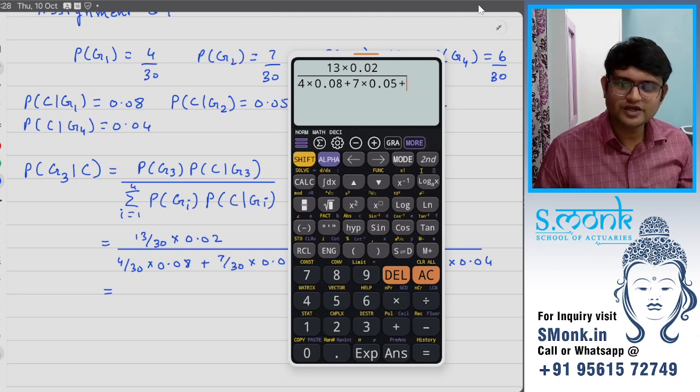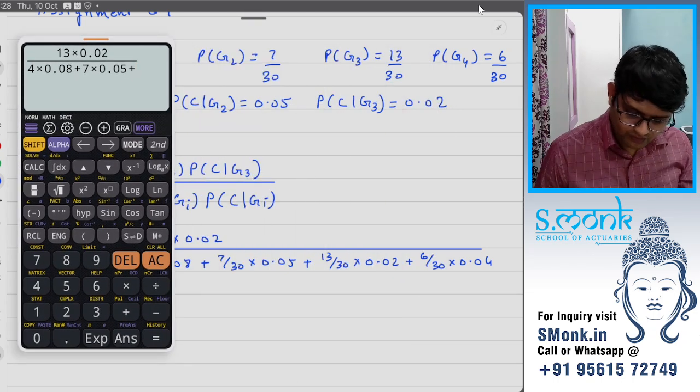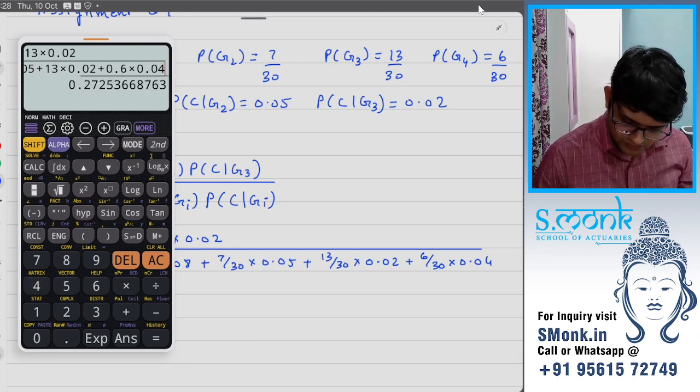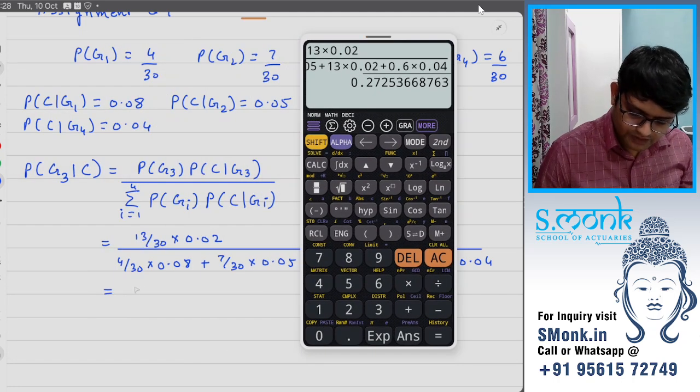So you can see we can make a very elaborate equation here. In one single go we can find the whole equation. And this is the probability that we get.